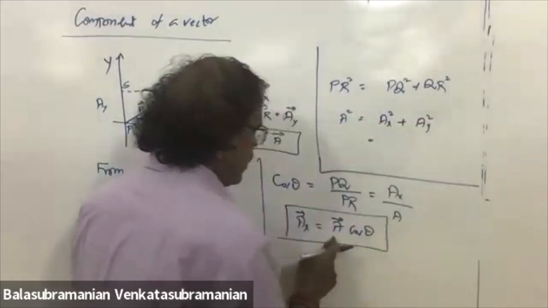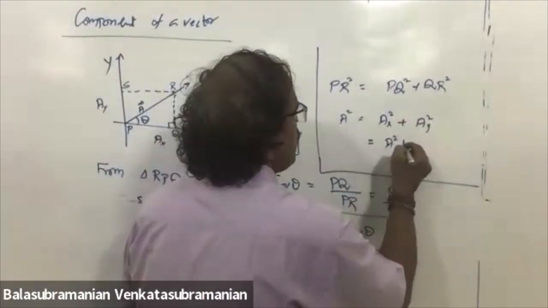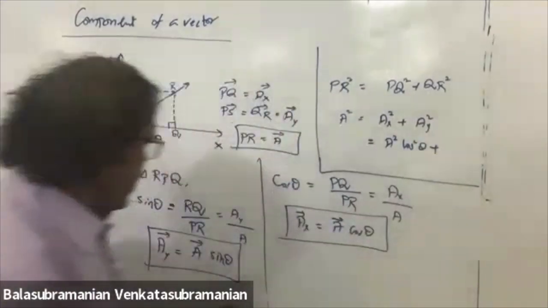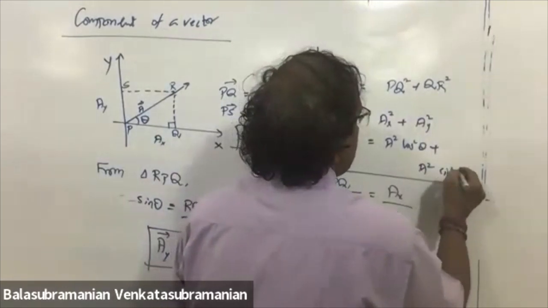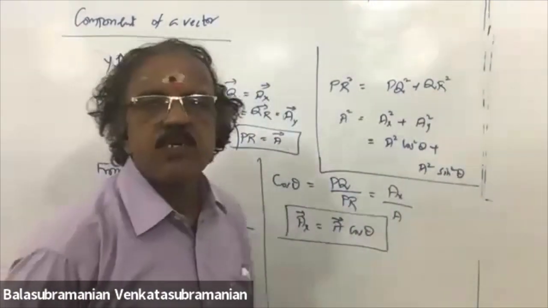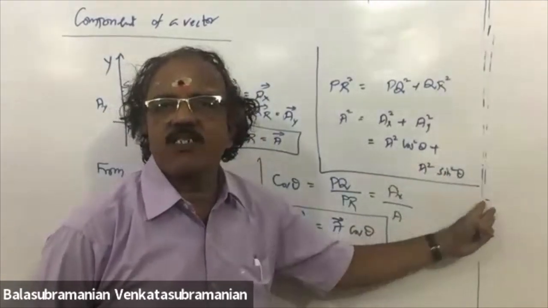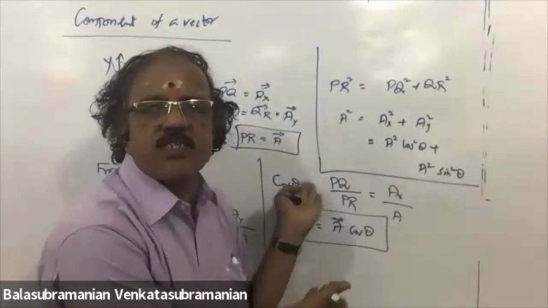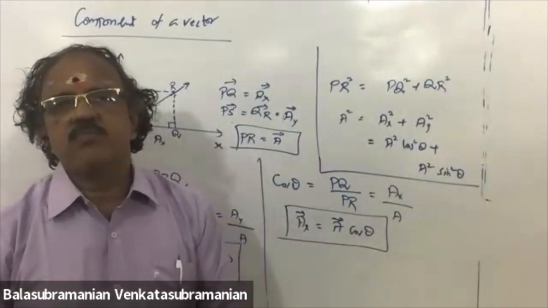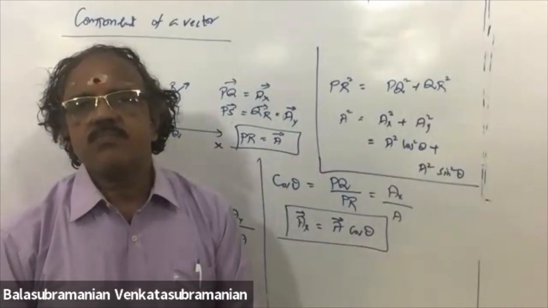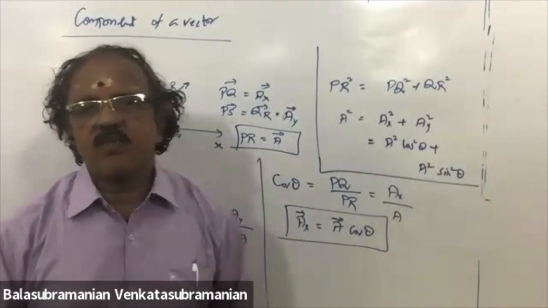AX square is A cos theta the whole square, A square cos square theta, plus AY square, A square sin square theta. Take A square outside. Sin square theta plus cos square theta is 1. Left hand that is also A square, right hand that is also A square. Your value is not changing.